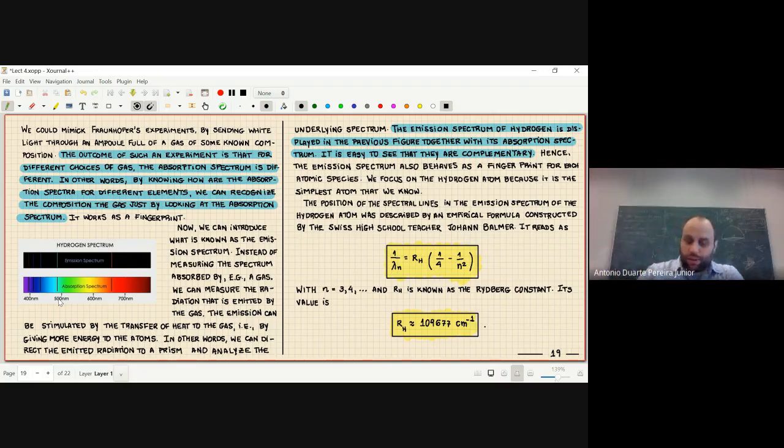It turns out that I put this figure here, which is the hydrogen spectrum. So below, you're going to see the absorption spectrum, which is the spectrum that you see, for instance, if you construct a tube of glass filled with hydrogen, so you have a gas of hydrogen, and if you pass light through this glass tube, after passing the outgoing light through a prism, you are going to see that these wavelengths or these frequencies will be missing.